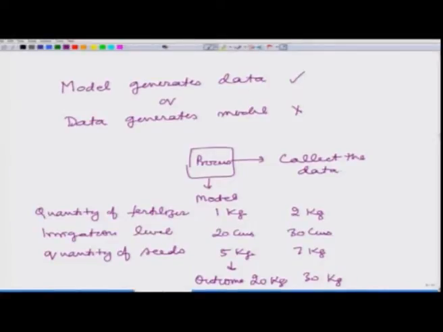And now my objective is that based on this set of data, I want to know the model. So here you are saying that the model is generating the data. But now what are we doing? We are collecting these observations and trying to find a mathematical relationship between the outcome, which is the yield of a crop, and these 3 variables.